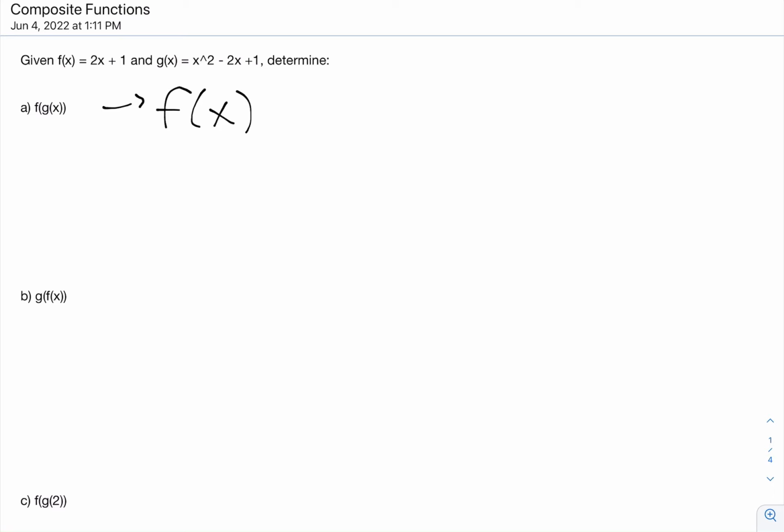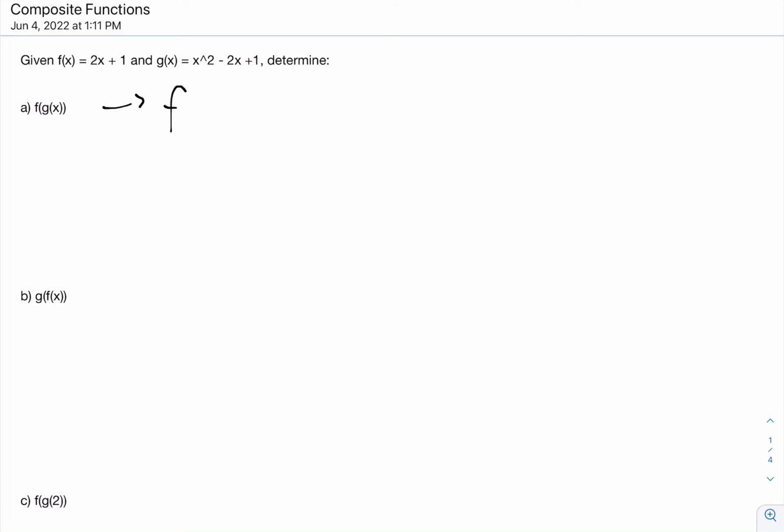The only difference between f of x and f of g of x is, see how this g of x kind of replaces the x? So what we're going to do is, we see that this function right here is g of x, this function right here is f of x, and both of them have x's in them. So what this means is, this is typically f of x, but the x is replaced with g of x, right, it's the function evaluated at another function.